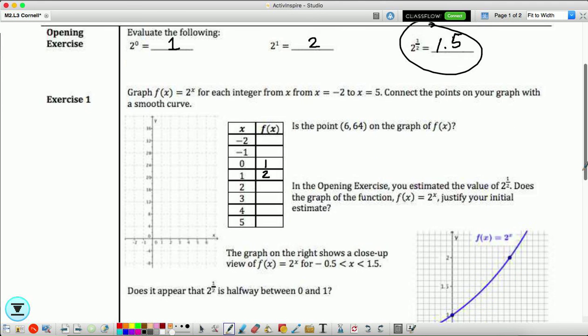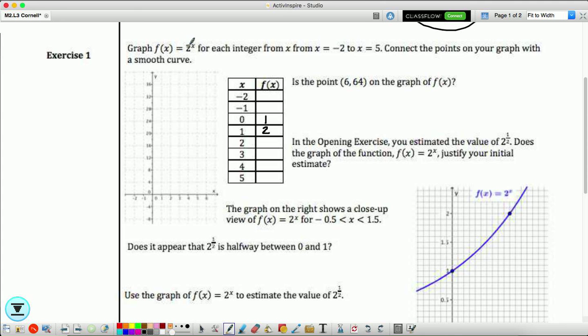With this base of 2, we're doubling all of our values. So 2 squared becomes 4. If I doubled that, I would get 8. Doubled again, 16, 32. We also discovered that going in reverse is really just halving them, right? So half of 1 is 1/2. Half of 1/2 is a fourth, etc.